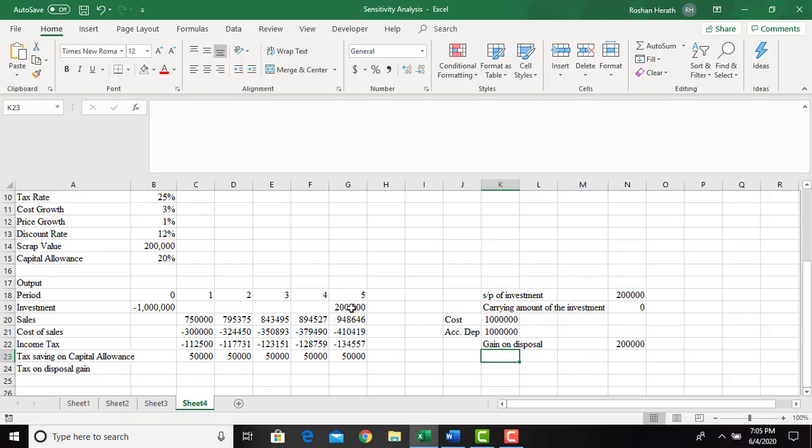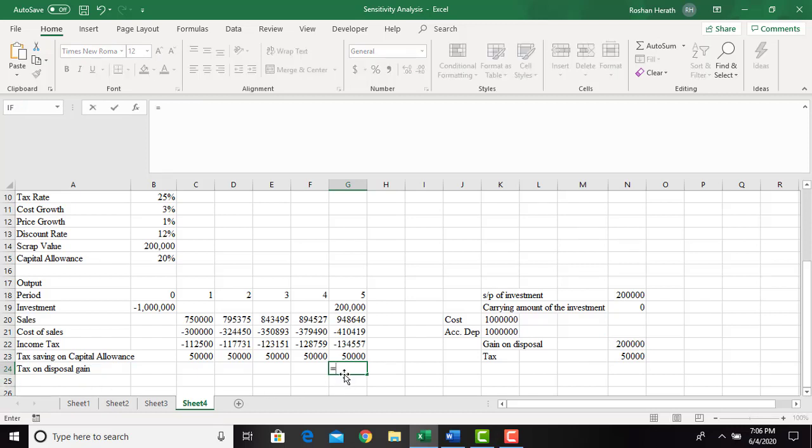So the entire thing was a kind of gain, so therefore you can take the tax. If you compute, this is into 25%, 50,000 must be there. So therefore you can work the things out over here.